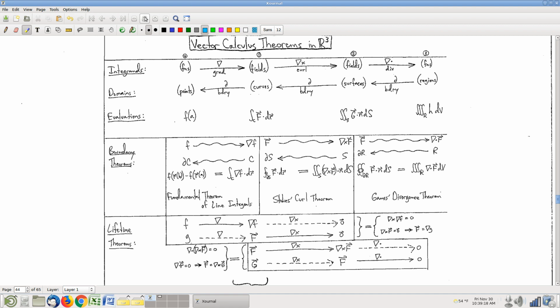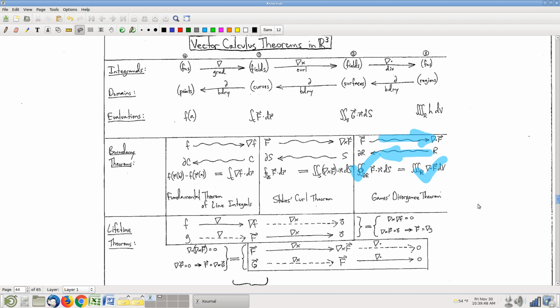It also shows some very strong patterns between these different theorems. We talked about the fundamental theorem of line integrals as being: if you take a derivative, you take a boundary, then this is equal to that. I've done this before, so I won't spend a lot of time on it, but Gauss's divergence theorem is the same thing. If you take the divergence of a vector field, over the boundary of a solid, then the resulting left side is equal to the right side.